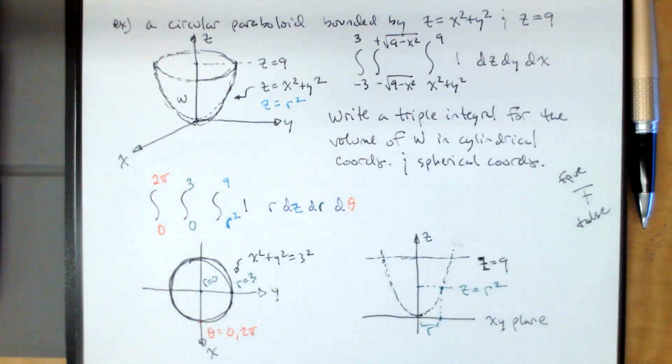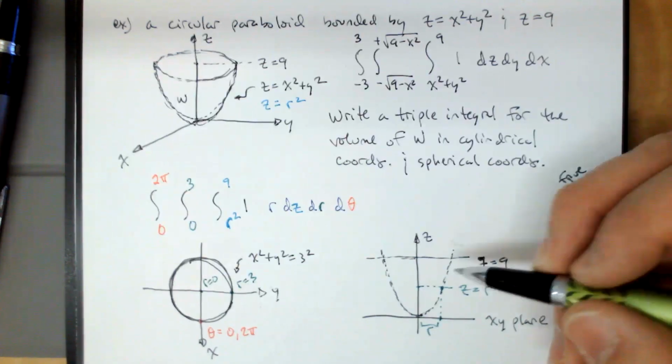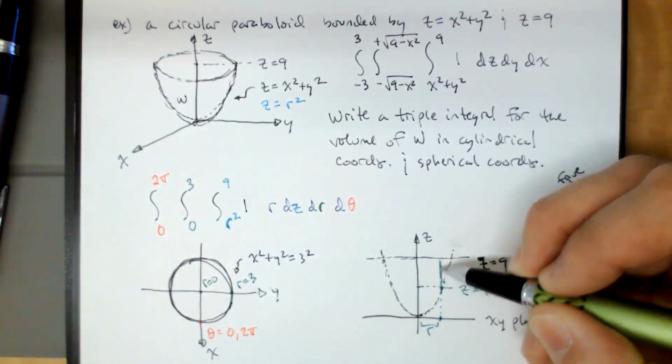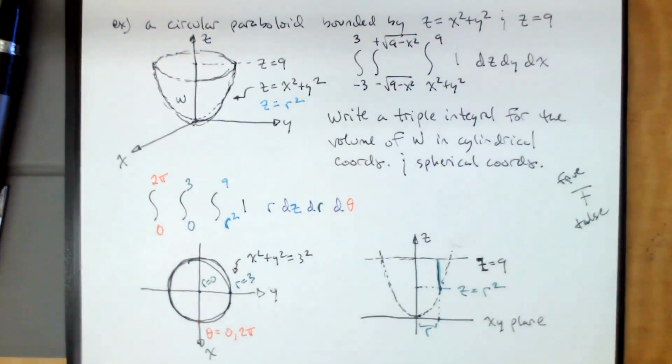So looking at it from the side, we can see we want to integrate the bottom, z equals r squared, the parabola that we're looking at, up to the top at z equals 9. Here is the piece that we're going for. The bottom is at r squared on that parabola. And the top is at 9. So we'll integrate r from 0 to 3.